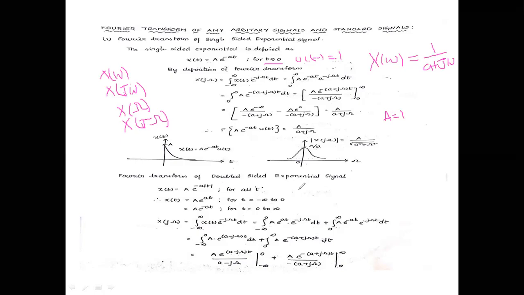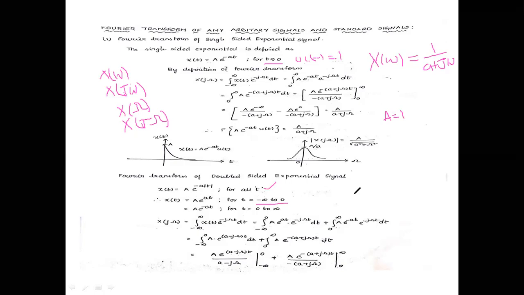Okay, double-sided: yesterday only we saw a double-sided exponential signal, a into e power minus a magnitude of t for all the values of t. X of t is equal to, if I take t as negative values, so minus infinity to 0.